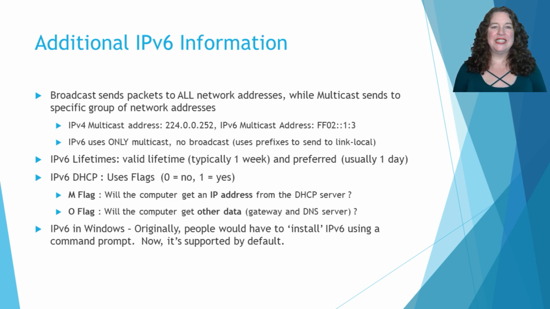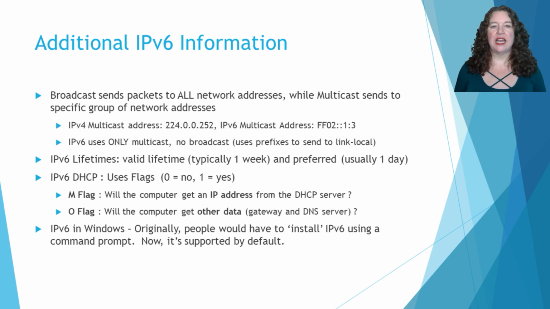First off, broadcast by definition sends it to all network addresses. Multicast sends it to a specific group of network addresses. In IPv4, we can do the multicast address of 224, 252, or so on, specifically when we're doing multicast. With IPv6, multicast starts with FF02, and then we go to 13.